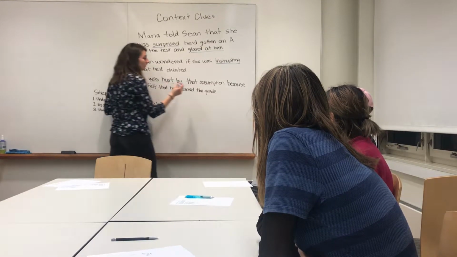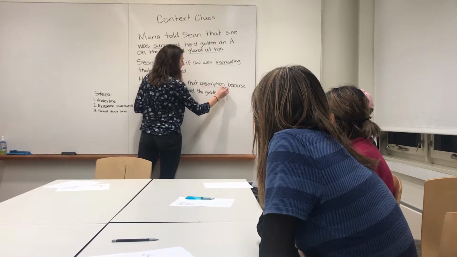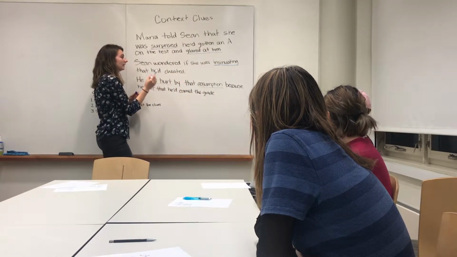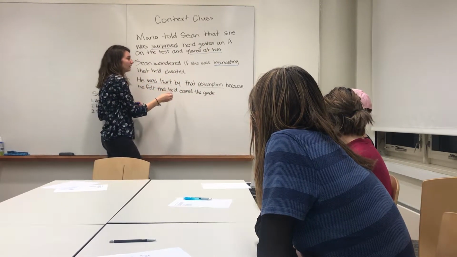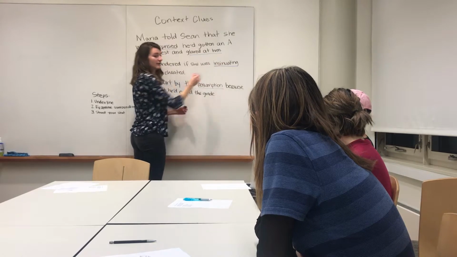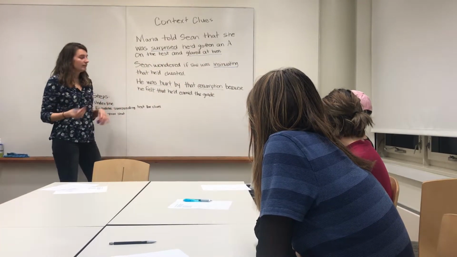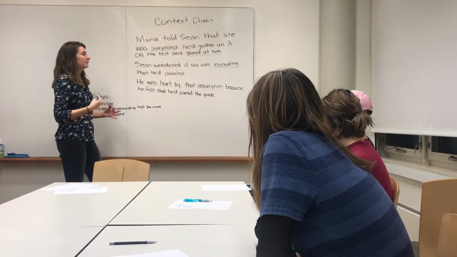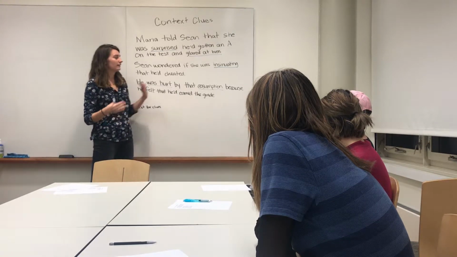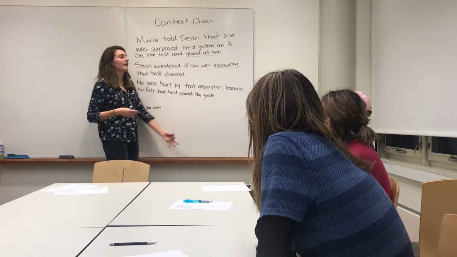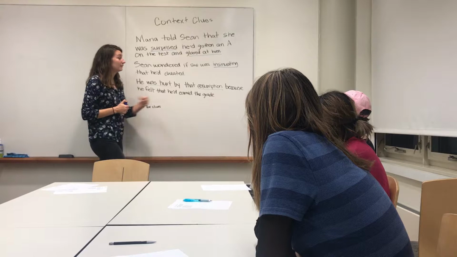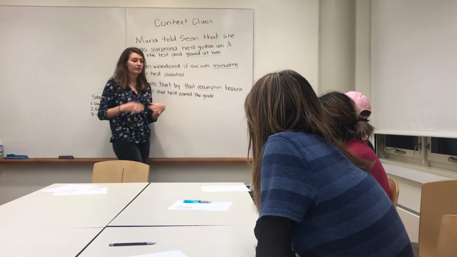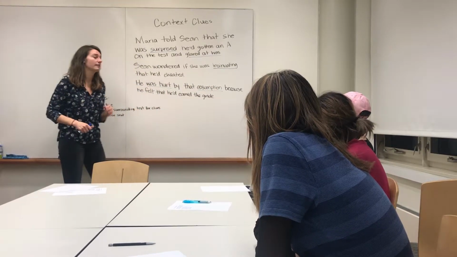And then we also have a synonym clue, because the word assumption is being used similarly to insinuating in this situation. A synonym clue pops up when you feel like it's a word that's the same as the word you're trying to figure out. If you know this other word but don't know this word, you can draw some parallels, and it makes a little more sense.